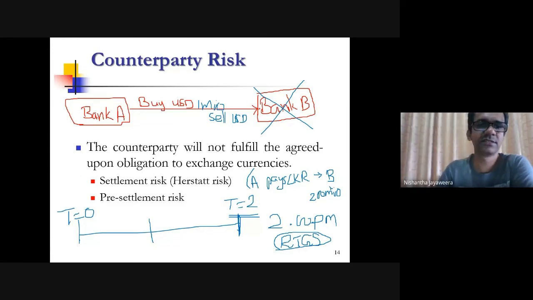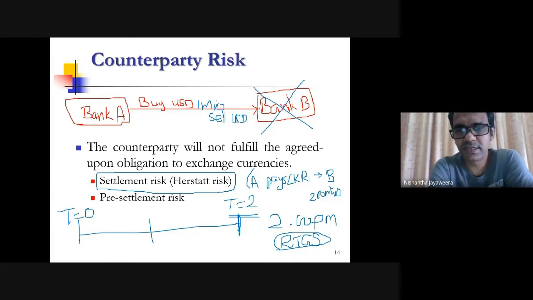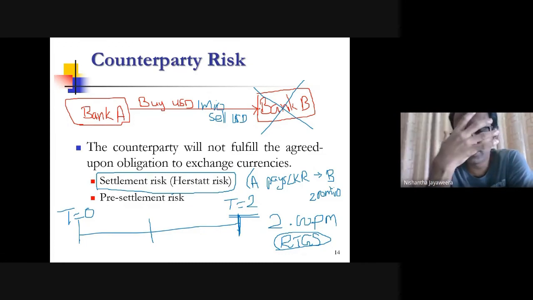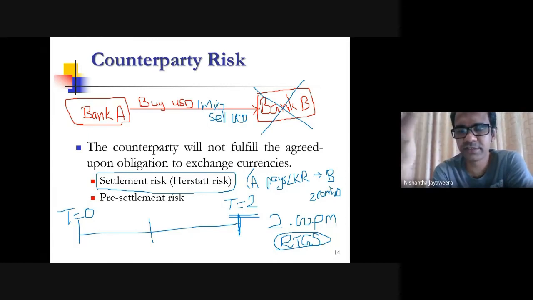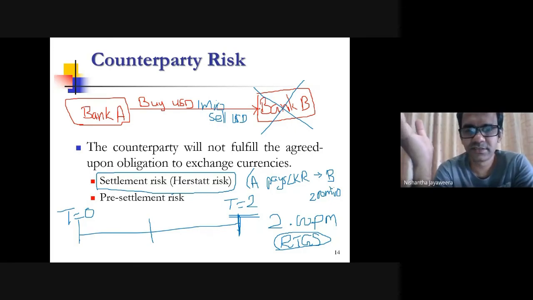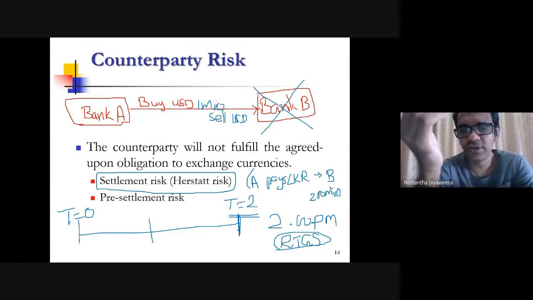That is called settlement risk. In the foreign exchange market, this can happen because you trade not only with local banks, you trade with foreign banks as well. If you want to do a dollar-yen transaction, you may do it with a Singapore party. You sell yen and buy dollars.